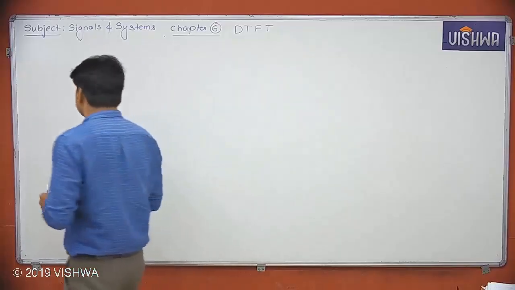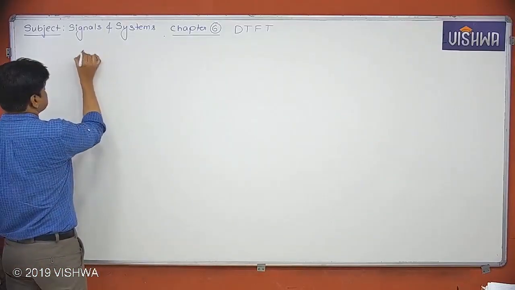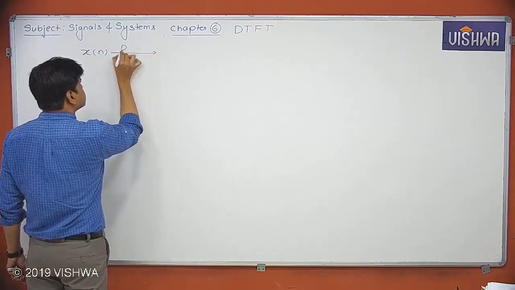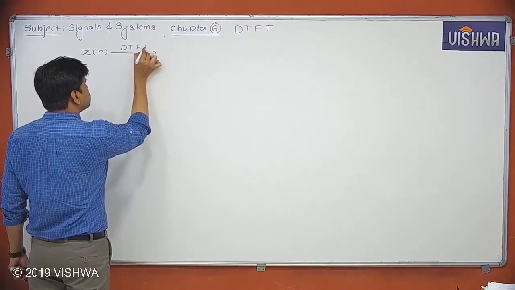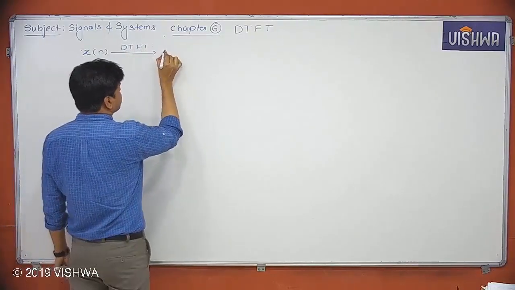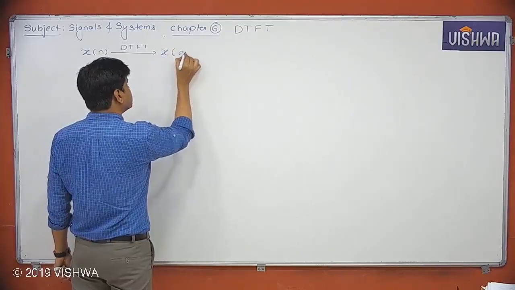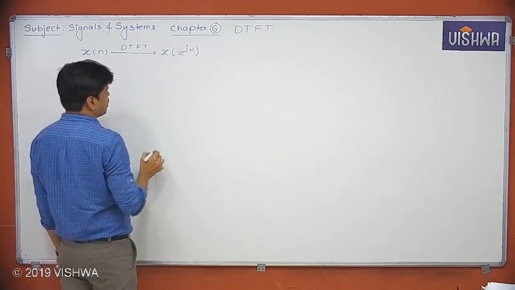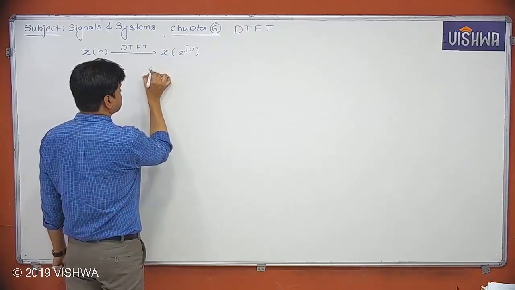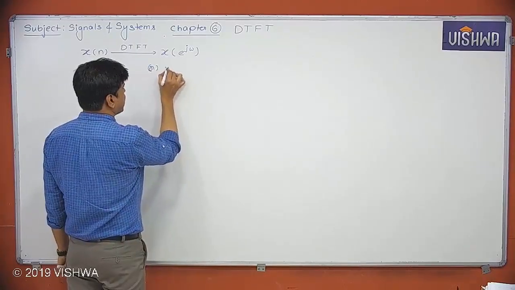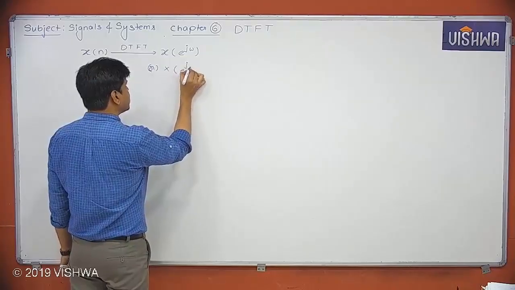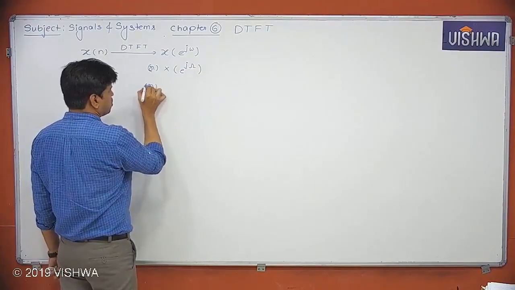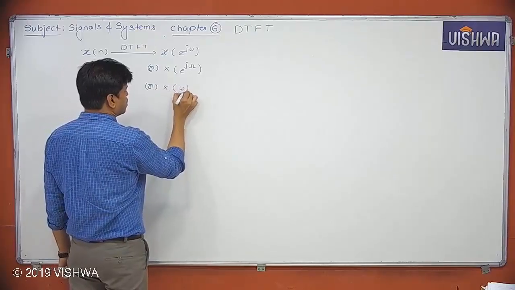So here, let's say x of n is given to you for this DTFT. They can represent it in many ways. Let's say x of e power j omega. I told you that z can be replaced with e power j omega. This kind of notation, or x of omega or j omega.